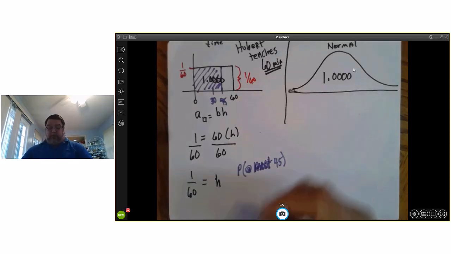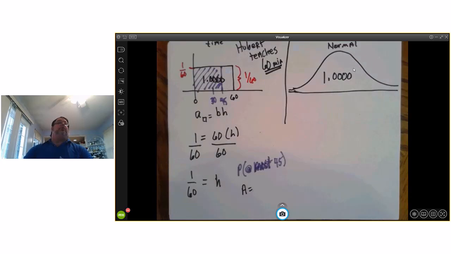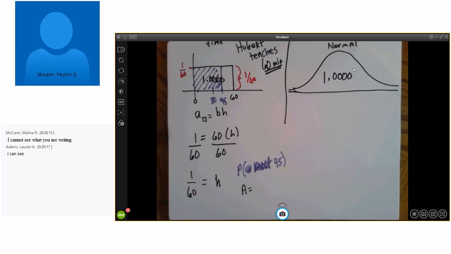We want area, right? So area is equal to, Miss McCann, you can't see what I'm writing? Open your microphone up. You can't? I cannot. Ms. Vaughn, Adam, can you see? I can see it. It's just on a really bad delay. I know.